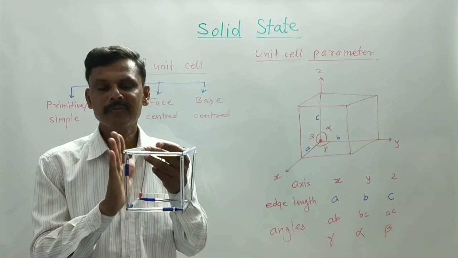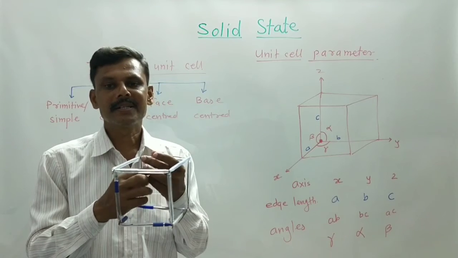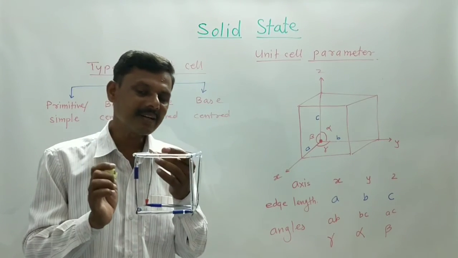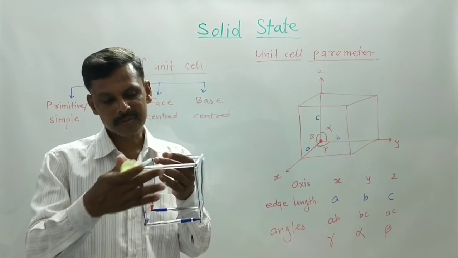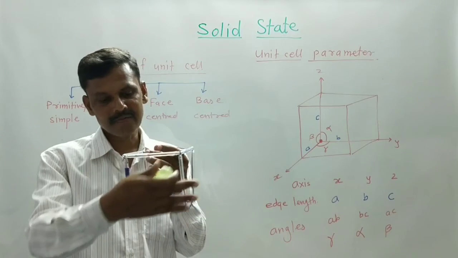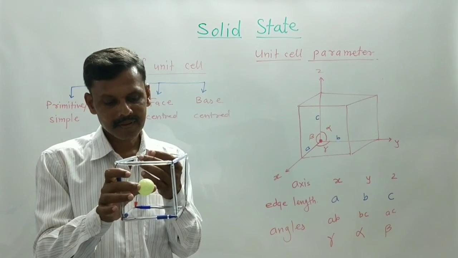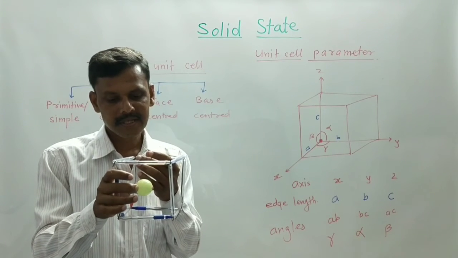So in a face centered unit cell, constituent particles are present at the center of each face. Suppose this is one face, then a particle is present in the center of this space.